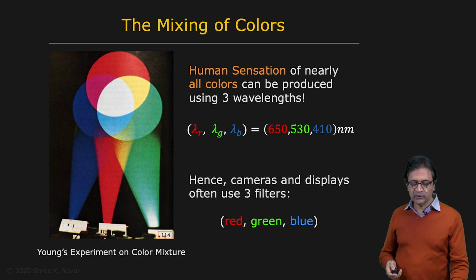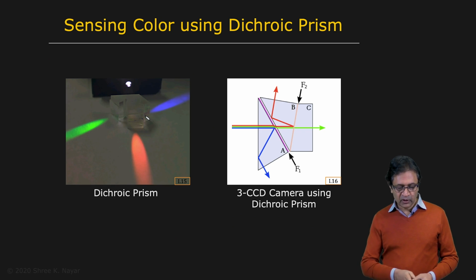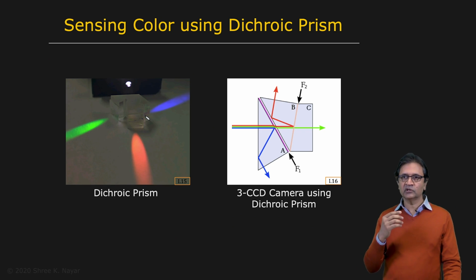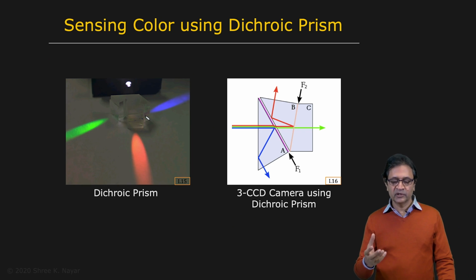So let's take a look at how we can capture a color image. One way to do this is by using what's called the dichroic prism. This prism is a fairly sophisticated piece of optics, and when you show it an image, that image gets split into three components: a reddish image, a bluish image, and a greenish image.